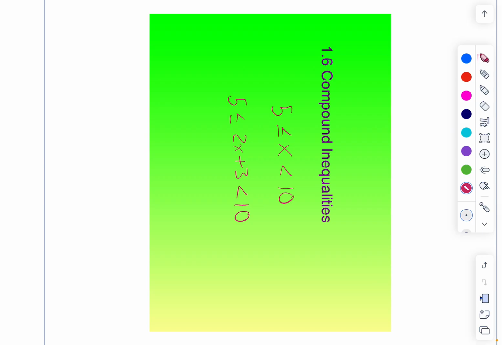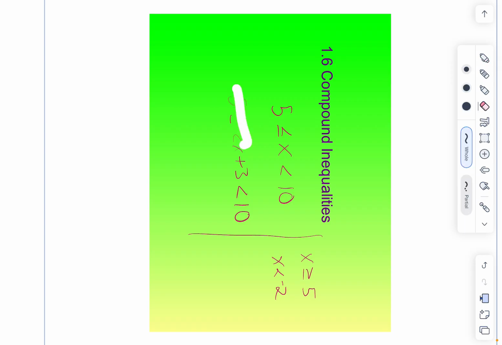Or another version of this is like x is greater than or equal to 5, x is less than -2. And so it's like splitting. It's not in between, but on the outsides of. Okay, so just a quick reminder. I'm going to take this off. We'll see it in a second. If we graphed this on a number line, what would it look like?